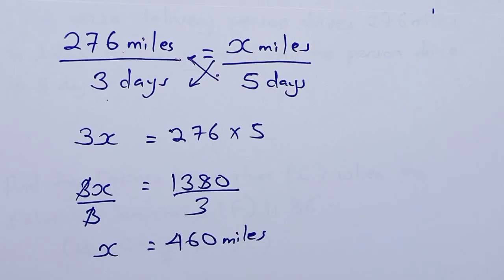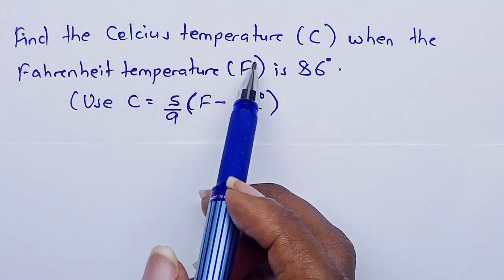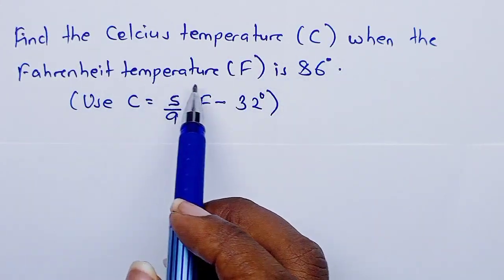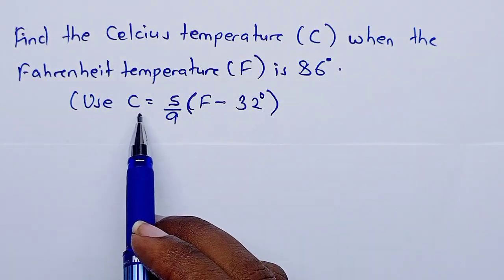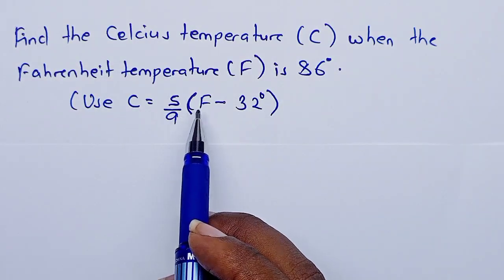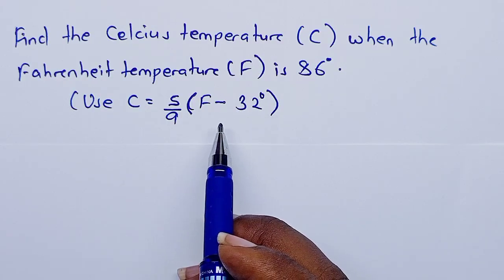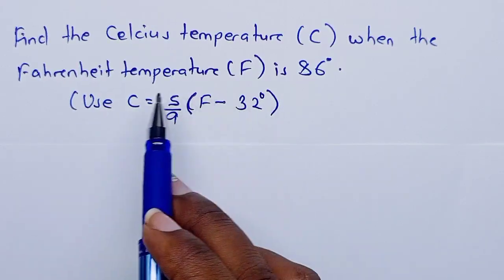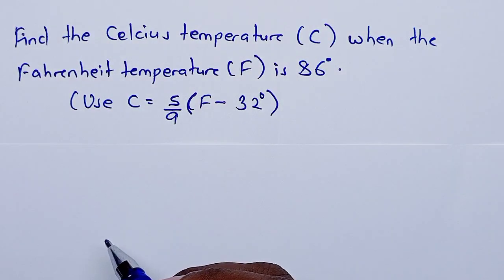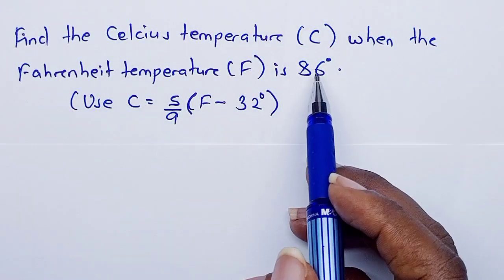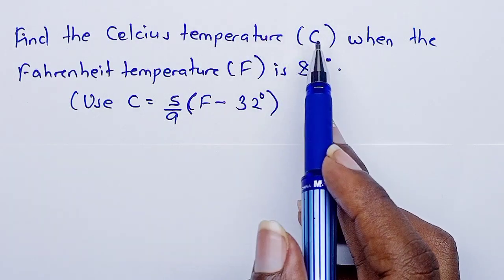Let's look at our last question. Find the Celsius temperature C when the Fahrenheit temperature F is 86 degrees. And they've told us to use C equals 5/9 times (F minus 32 degrees). So they've told us what to use, the formula to use. So our goal is to convert from 86 degrees Fahrenheit to Celsius.